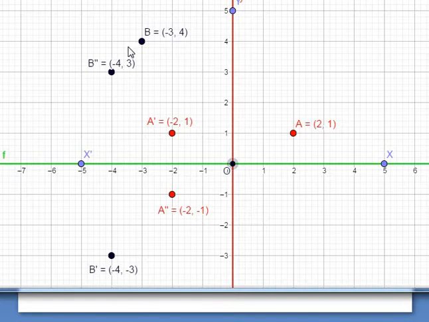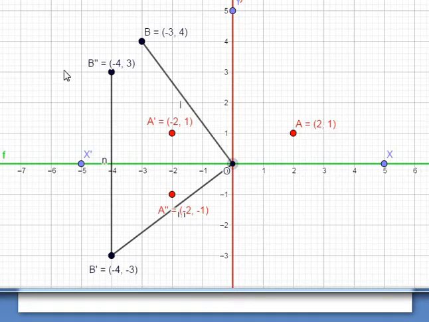You can see the angle also. The rotation of plus 90 about O is equivalent to the rotation of minus 270, in the opposite direction. This is the final image of B, B double prime.